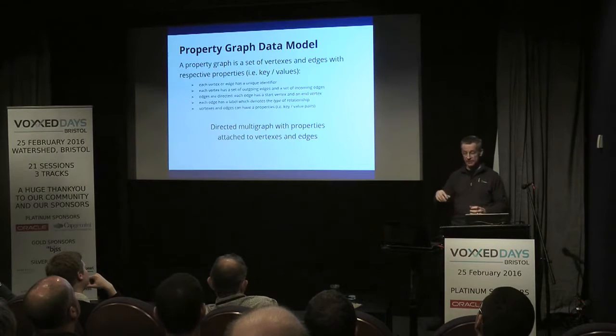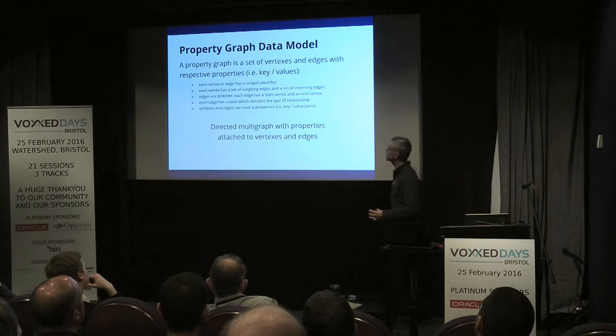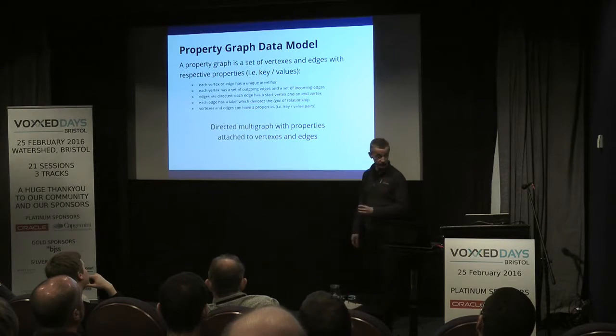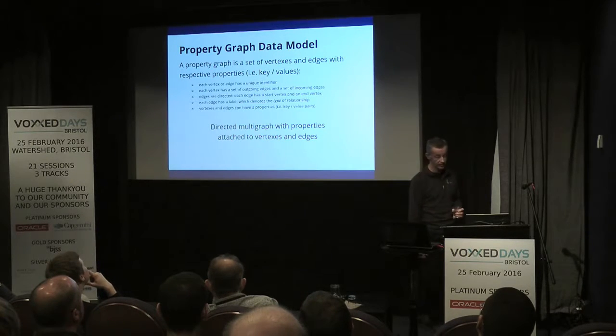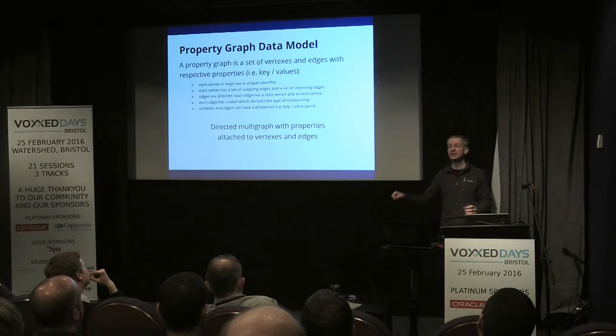A property graph is a lower level concept. So again, it's a set of nodes and a set of arcs. They call them vertexes and edges. Like all good math graph things, there are different names for the same things. But the difference is fundamentally each thing in the system gets a unique number.